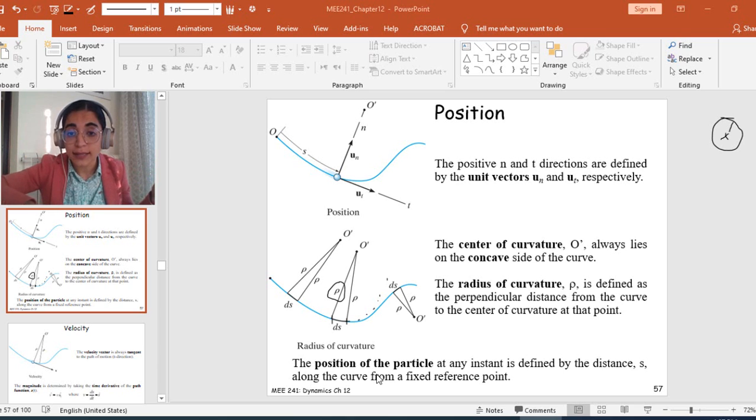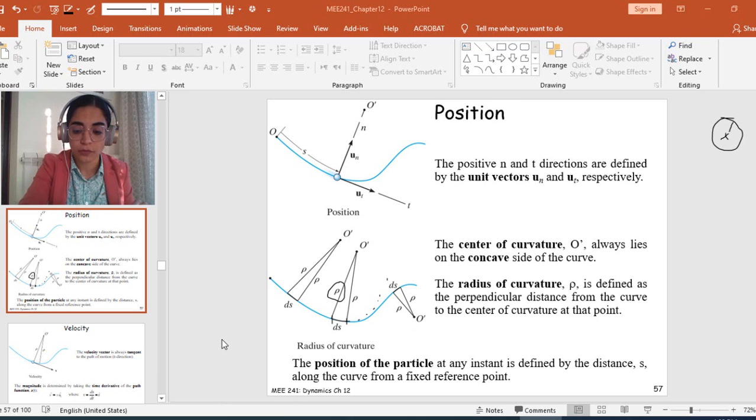Now here, in the curvilinear motion using the normal and tangential components, we have to go back to using S, which is defined by the distance along the curve from a fixed reference point. All right, so I'm gonna go back to the general case. I'm gonna use S, and of course I'm gonna define V as ds over dt.